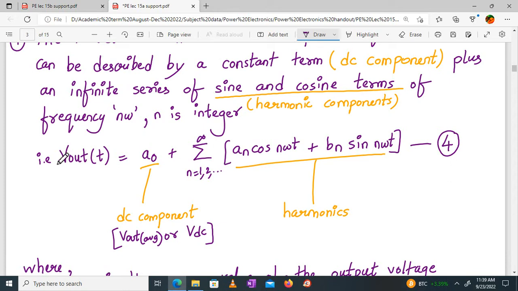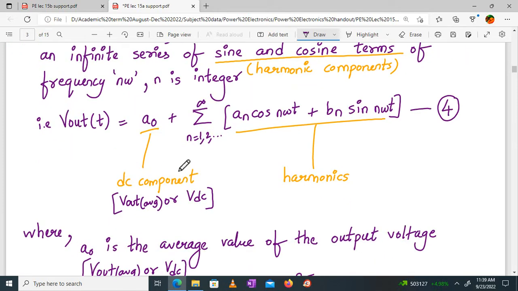So V out of t can be written as A0, which is a DC component. Now what is the DC component in your output? The average output component, V out average, or we also call it VDC. Now this is a summation sign. That means you add all these terms. So it will be an cos n omega t plus bn sin n omega t. I guess you have learned this in mathematics somewhere, Fourier series, right?